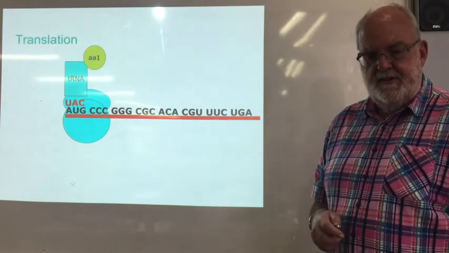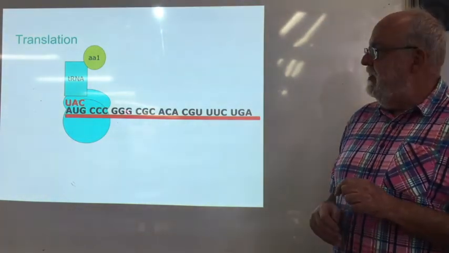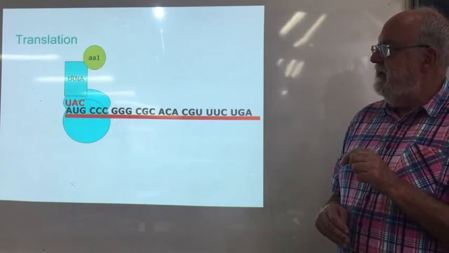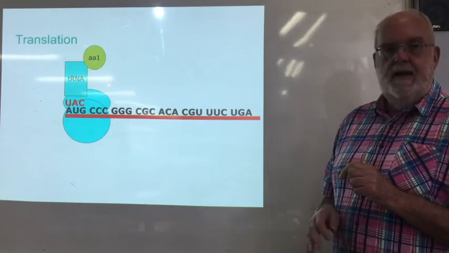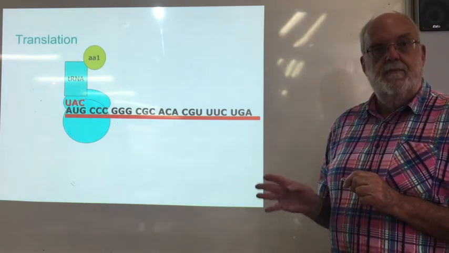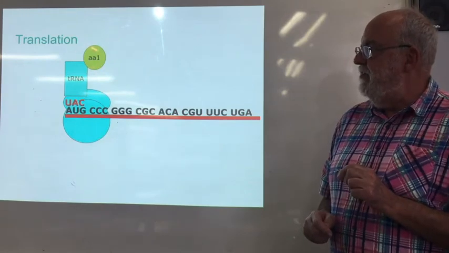So that's the first step. And what this process has done is fix an amino acid in place in the cytoplasm, on the rough endoplasmic reticulum in the case of eukaryotes. So this is set in a position.